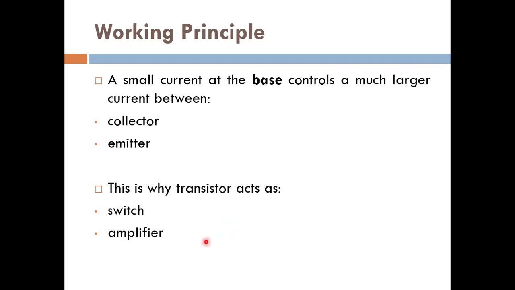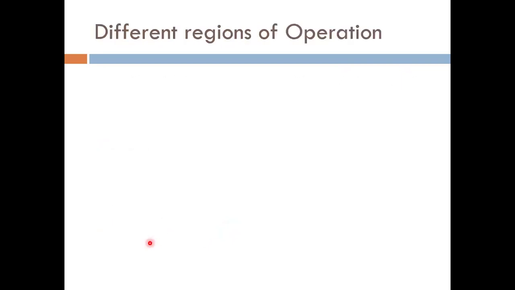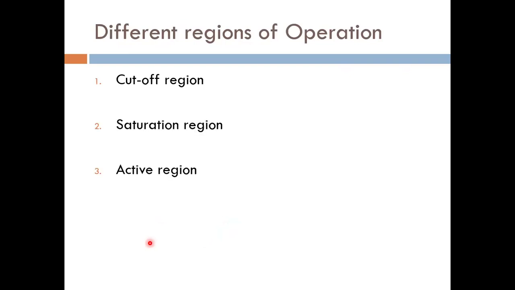So now let's have a look at different operating regions so that we can get the idea of when the transistor acts as a switch, in which operating region, and in which operating region it acts as an amplifier. So different regions of operation are cutoff region, saturation, active, reverse active.